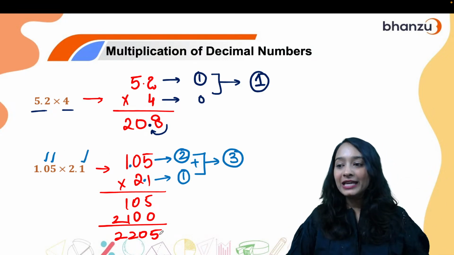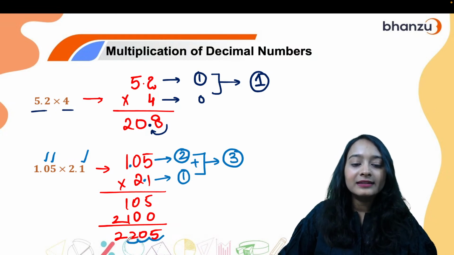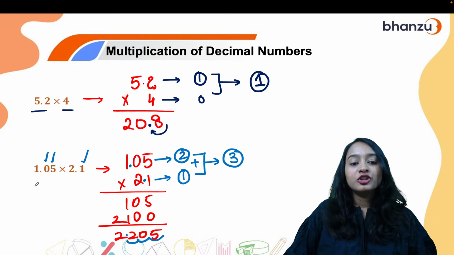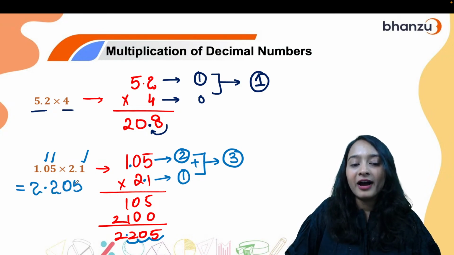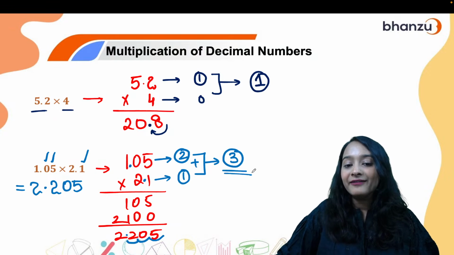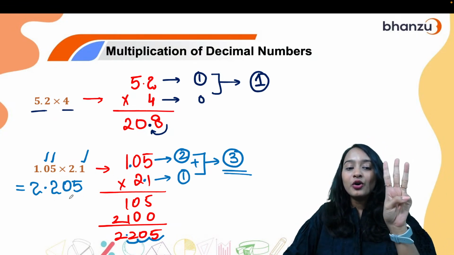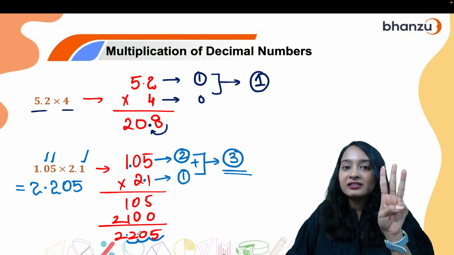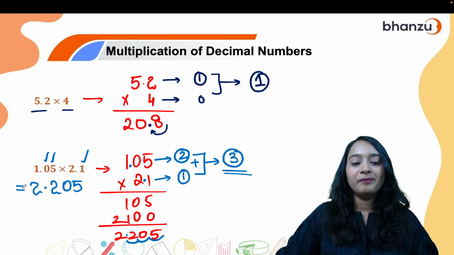So coming to the answer, we will leave 1, 2, 3 digits and place a point. So the answer is 2.205. Totally, we have 3 digits after the decimal point, so we leave 3 digits from the right side, from the ones place, and place a point.